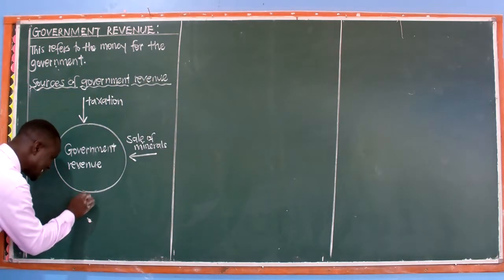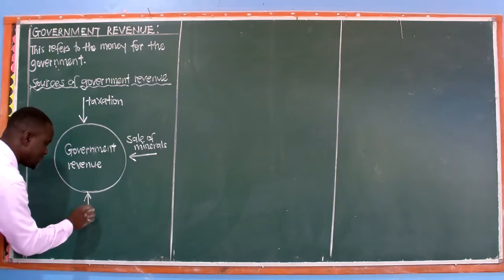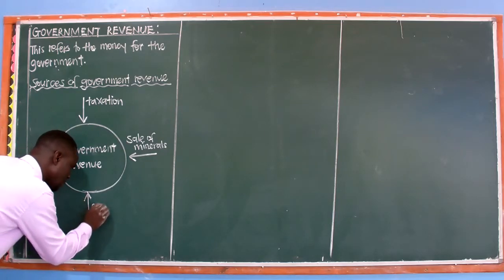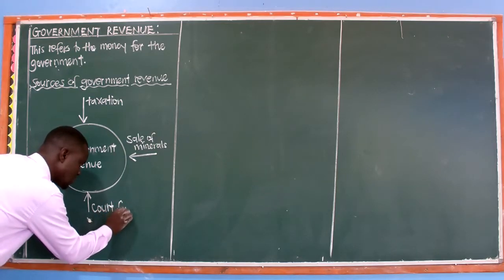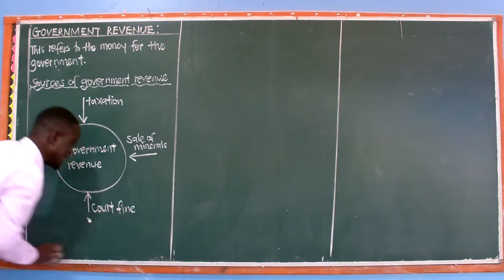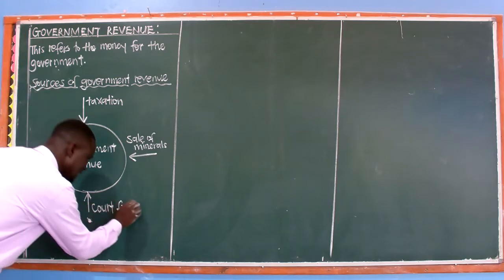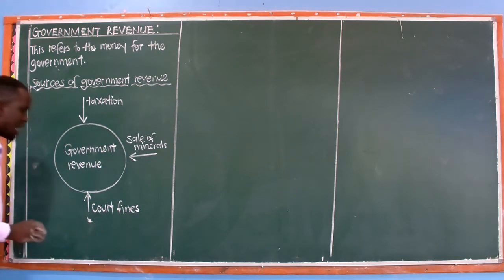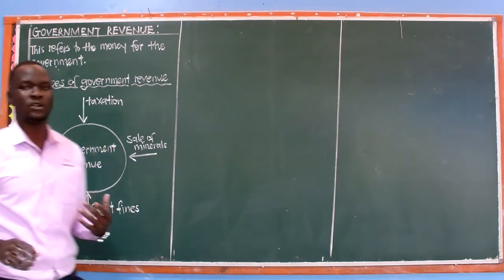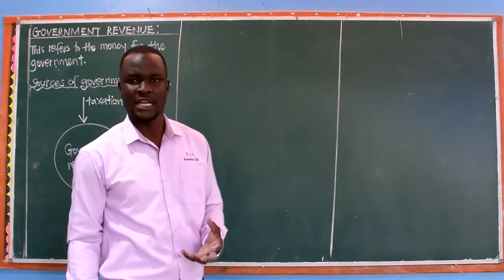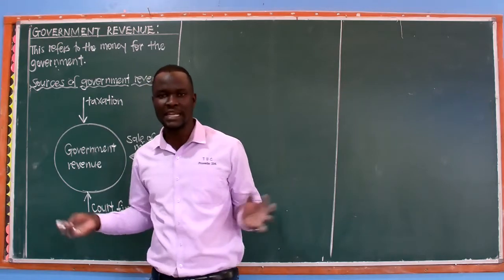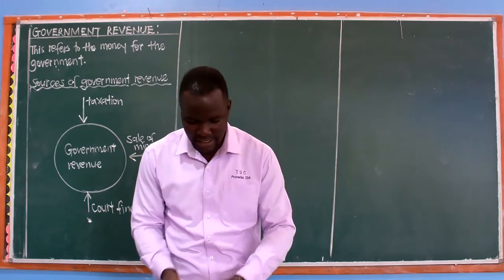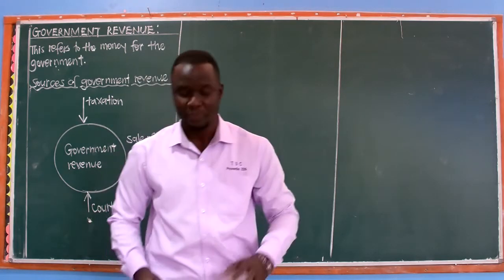The government can also get money from charging people in court. When people in court are given a fine, you find people say he was charged. He was to pay a fine of 2 million shillings. So that is what we call court fines. That money also becomes part of the government's revenue.